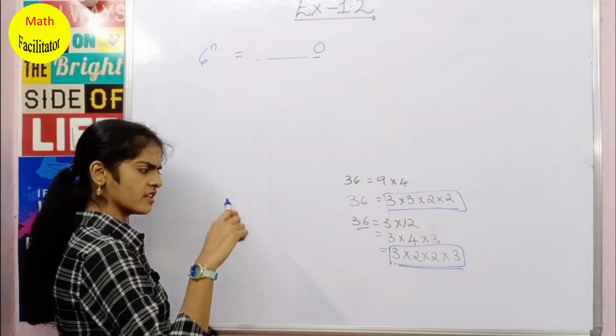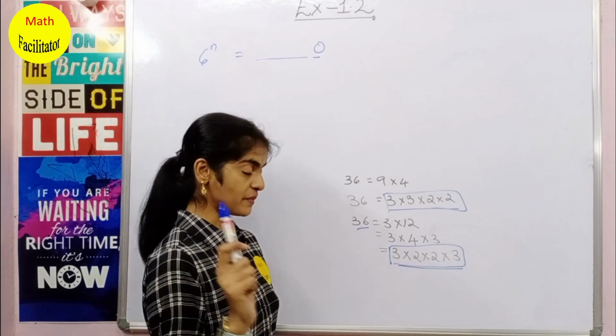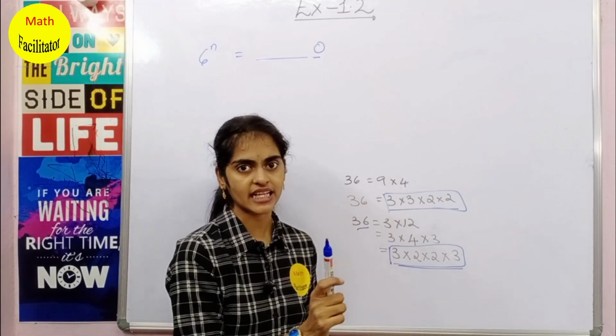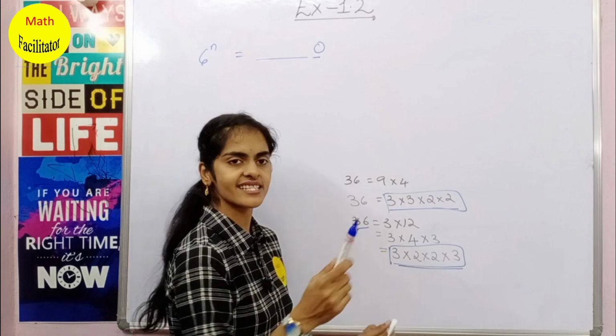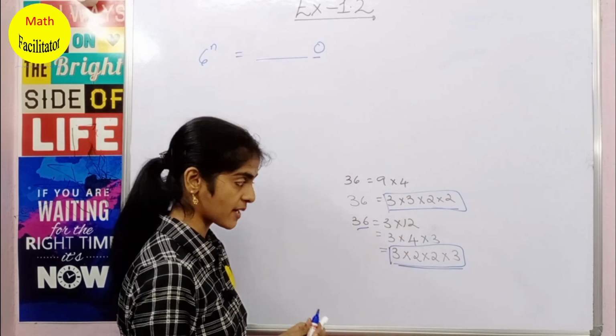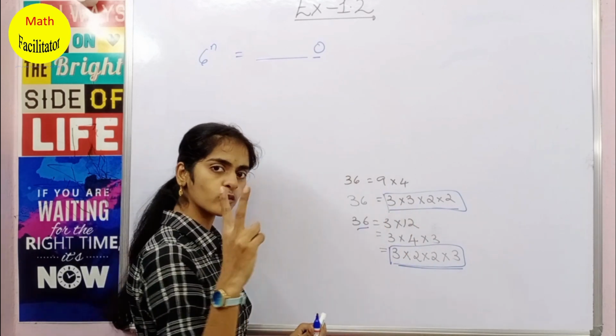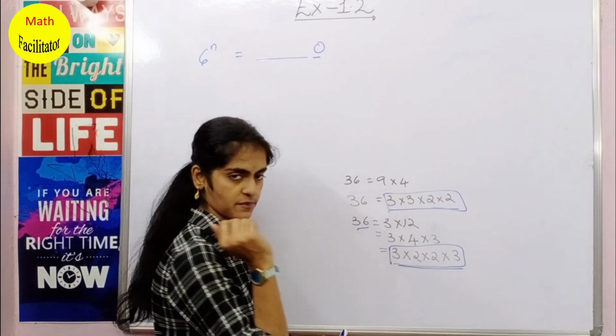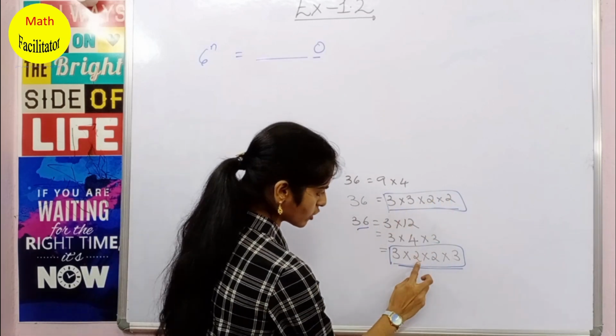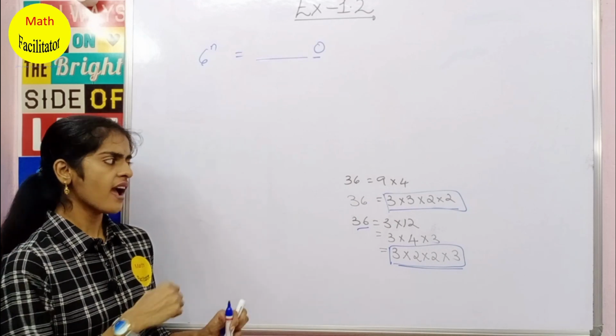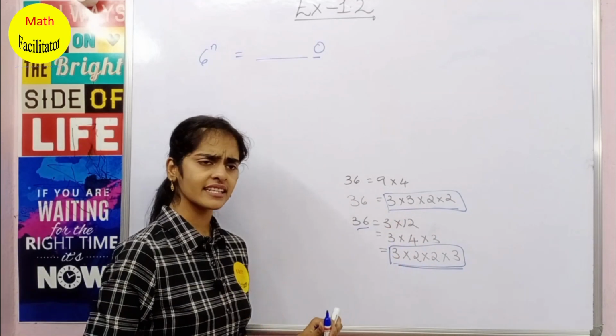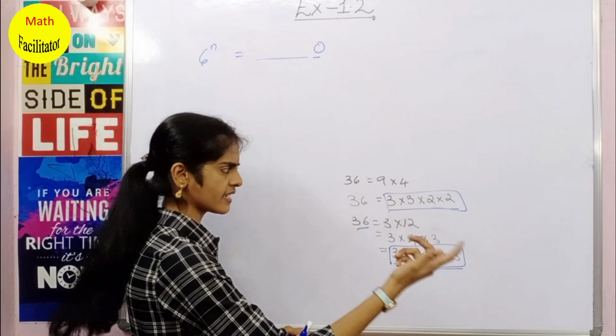Now see, whichever way I factorize it, the prime factors are unique. The order is different, but the prime factors are the same. Here 3 you have 2 times, and here also 3 you have 2 times; 2 you have 2 times, and here also 2 times. Do you have anything else extra here? Nothing, right?